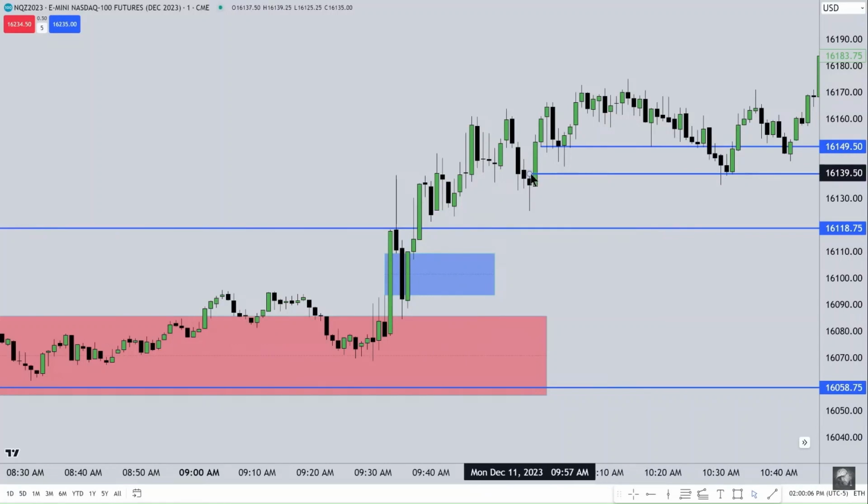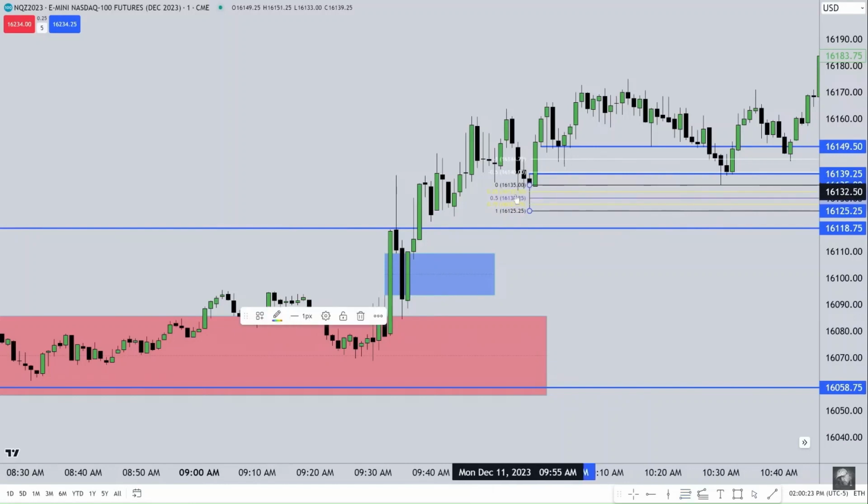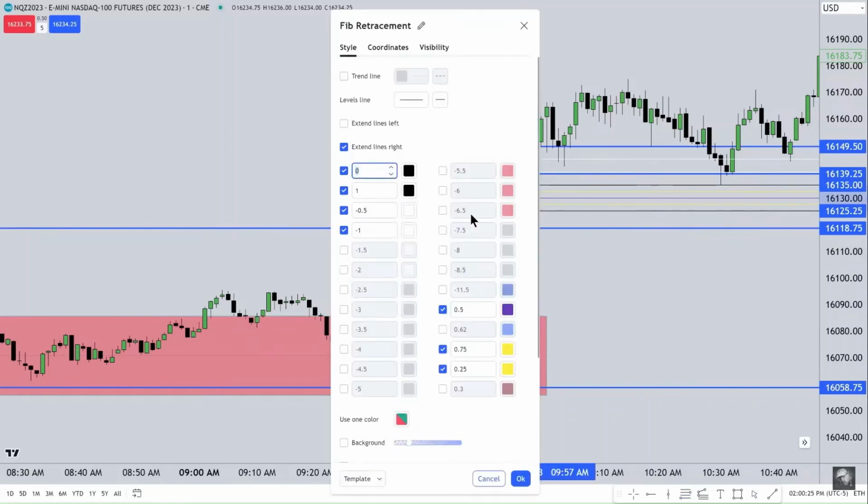I would have waited to see if it wants to trade into the body of this candle and allowing for the midpoint of that wick. Why? Because that's consequent encroachment. It could trade all the way back down and touch the midpoint of that. And if your stop loss is just above that, you're getting roasted. And then when it turns against you and starts moving in your favor, you're going to be mad.